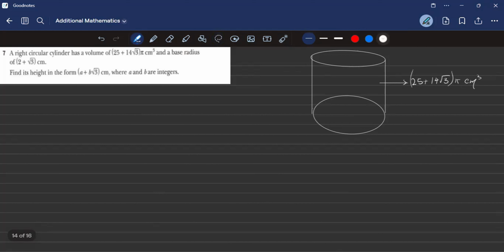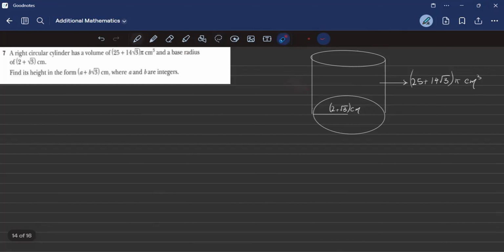They've told us the base radius is 2 plus under root 3 centimeter. Find the height. So basically we have to find the height, which is this part of the cylinder.